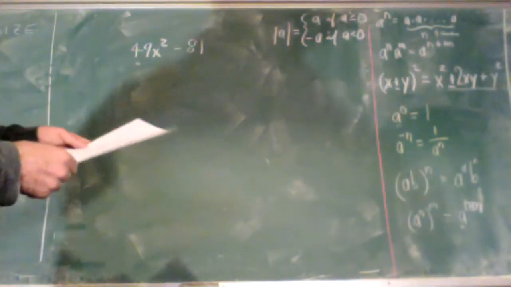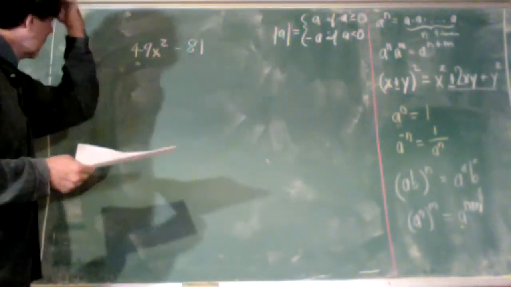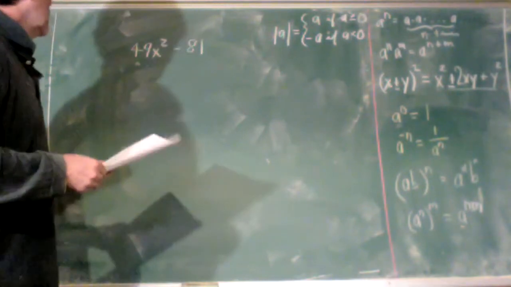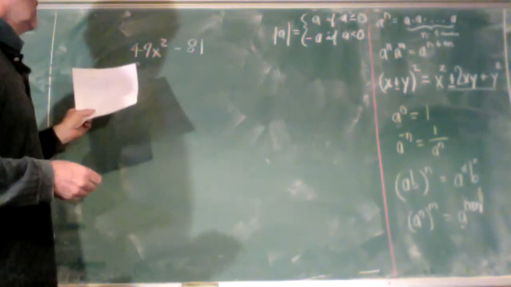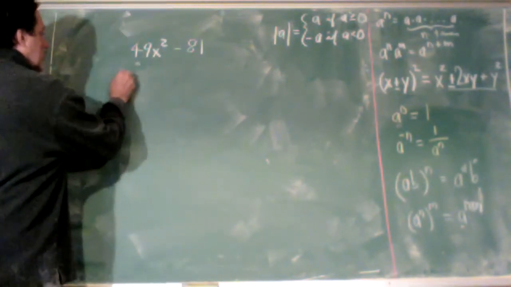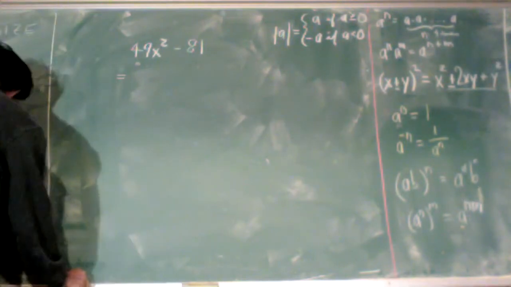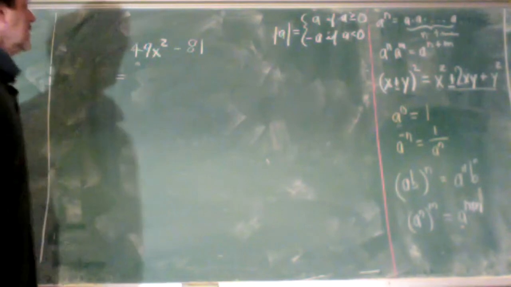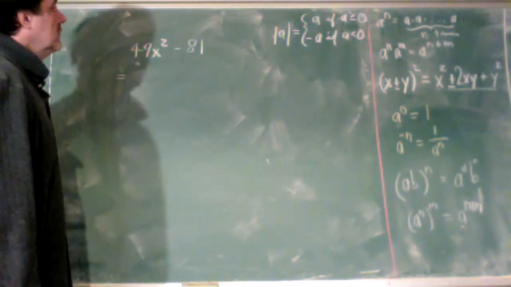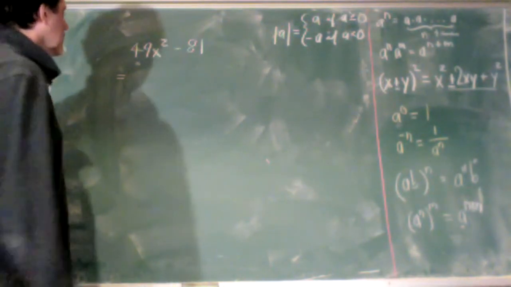Problem 20 asks us to factor the polynomial 49x squared minus 81. We could attempt to use the AC method, but I would suggest that we squint and see whether or not there's a special factorization, a special product that we might be able to apply in this case.